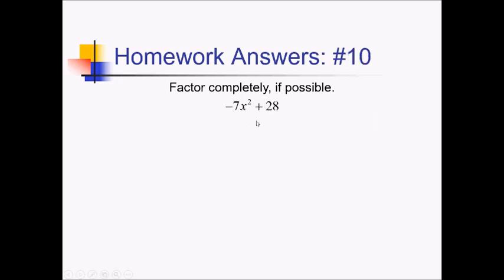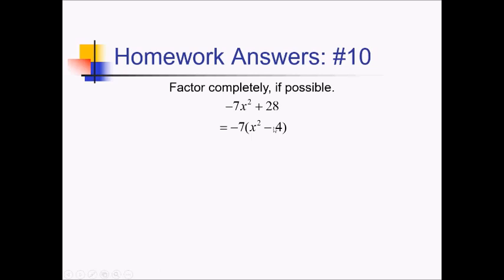To factor this problem, it helps to recognize that we can take out a common factor in the beginning. Negative 7 and 28, we could take a negative 7 out of both of those. So if we do that, we're left with positive x squared minus 4 inside. And we have to keep going if we can. Now the inside, this is something in the format of a squared minus b squared.